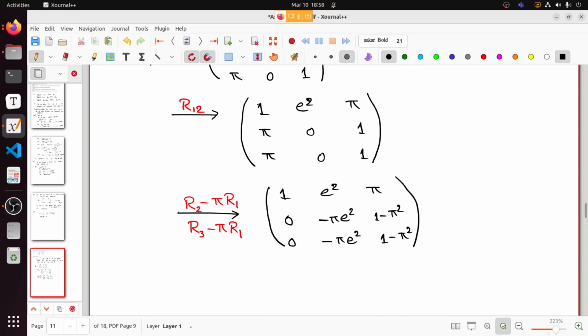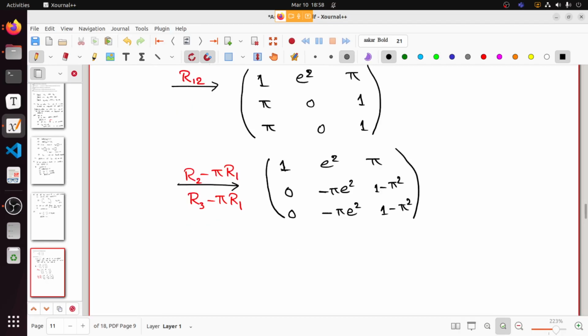Now we have to make the second row, second column entry 1. For that we do a type 2 transformation: this is a non-zero element, so we multiply R2 by 1 by minus pi square.